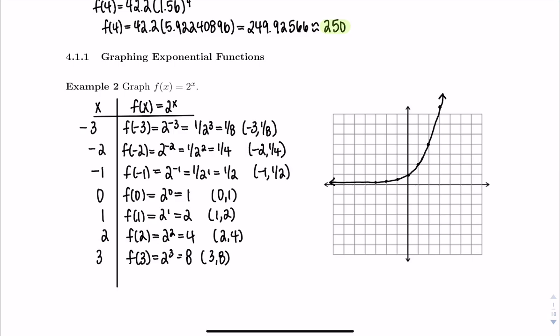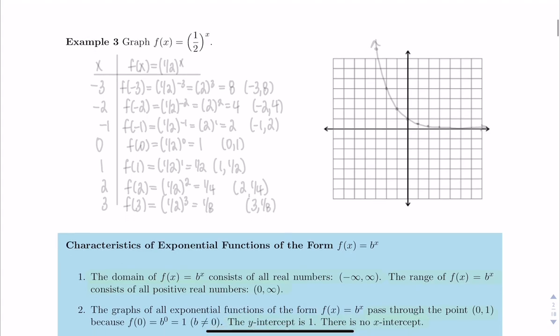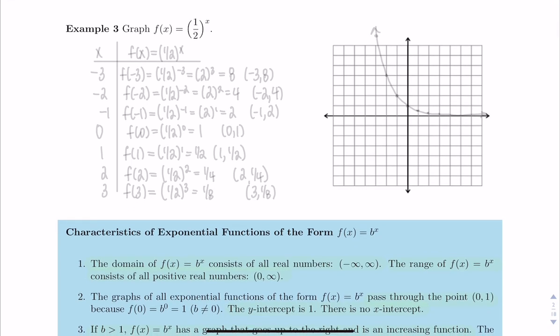Let's go ahead and do the graph of f of x equals 1/2 to the x. Go ahead and pause the video and try it on your own. So for this one, we're going to set it up the exact same way. We're going to have an x, y table. And we're going to plug in x values and find the corresponding y values.